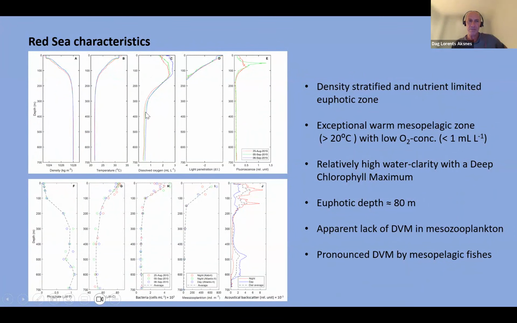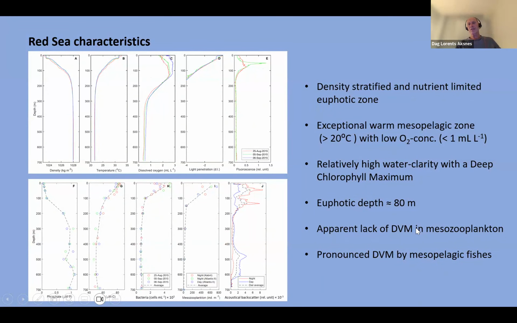This is the oxygen. And the temperature is here about 20 degrees all the way. The water clarity is relatively high, and there is a deep chlorophyll maximum, like here. The euphotic depth is around 80 meters.